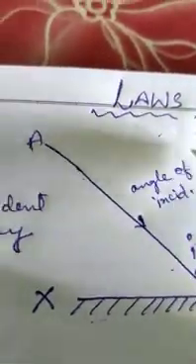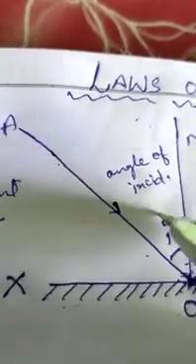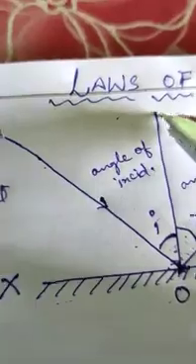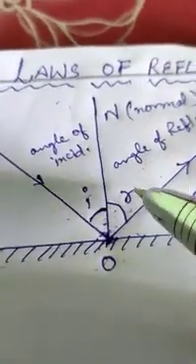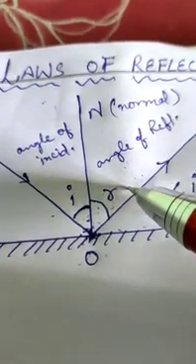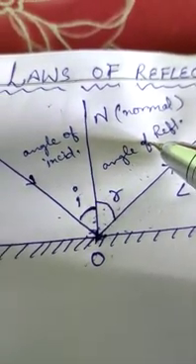When the angle of incidence and the angle of reflection are equal, it will divide equally. Angle I is denoted as the angle of incidence, R is denoted as the angle of reflection.